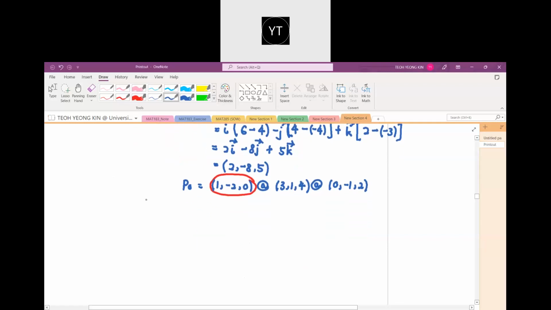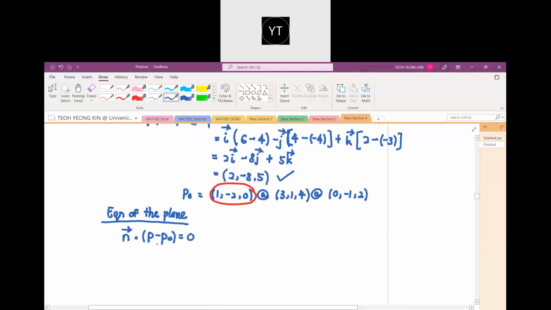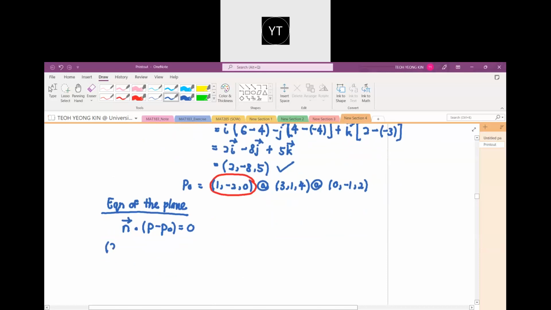So based on the formula, the equation of the plane is the dot product of the normal vector with P minus P naught equals 0. Our normal vector is 2, negative 8, and 5.